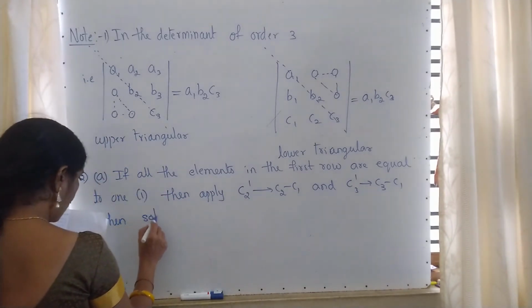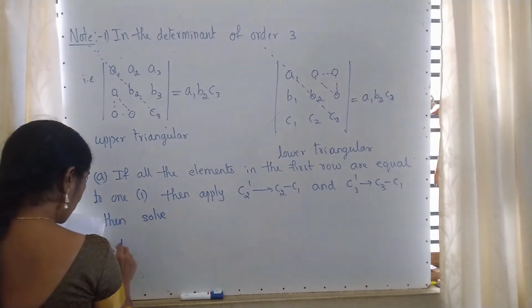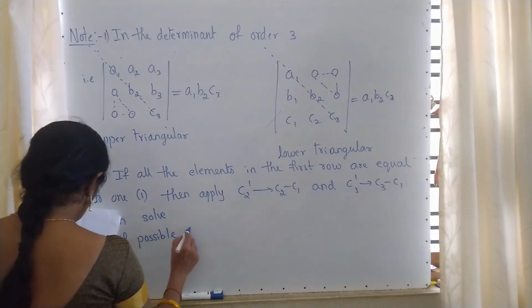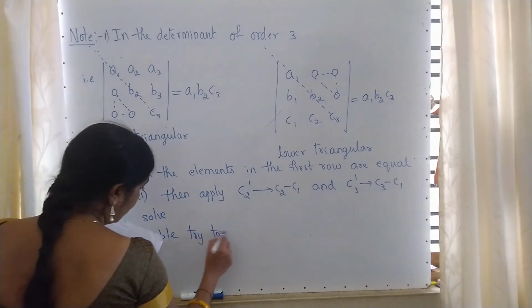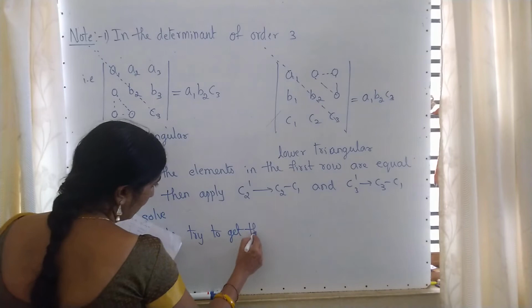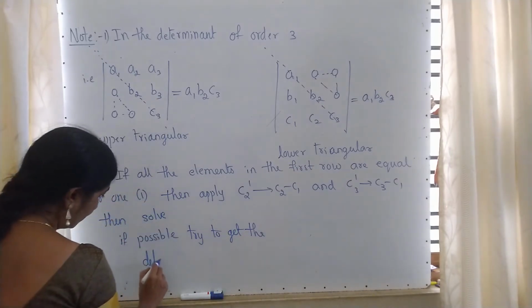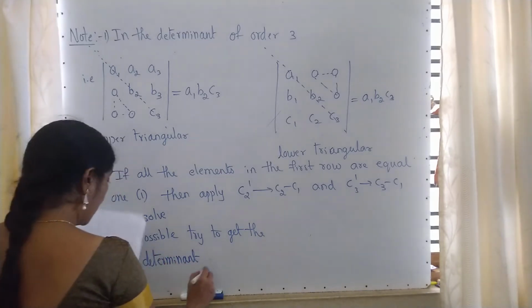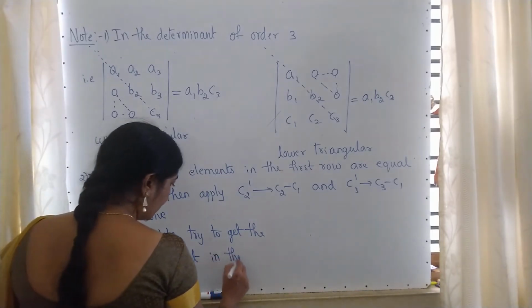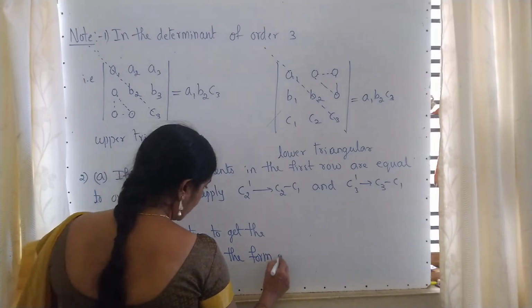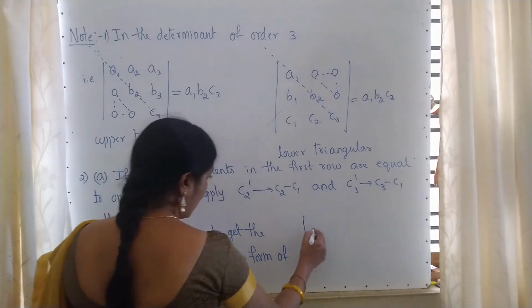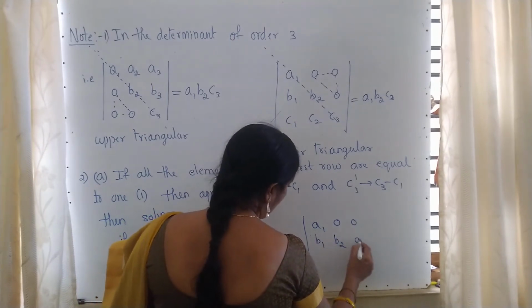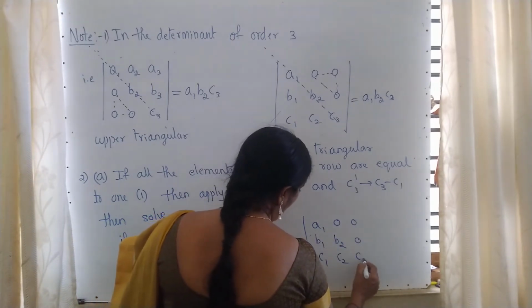Then solve. Not only this, if possible, try to get the determinant in the form of A1, 0, 0, B1, B2, 0, C1, C2, C3.